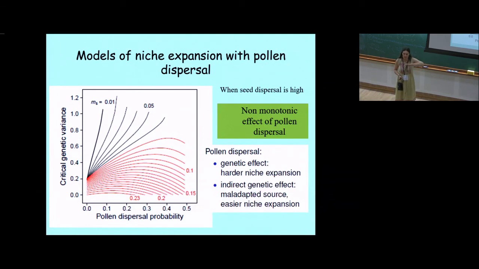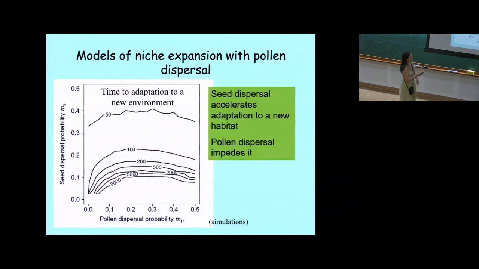And by making the ancestral habitat more poorly adapted, it actually facilitates the colonization and adaptation to the new habitat. So it's a bit indirect, but mostly the effect of pollen dispersal is to slow down niche expansion.